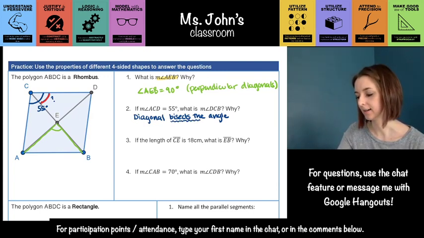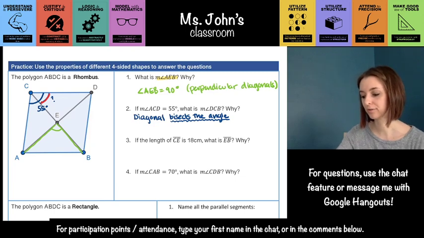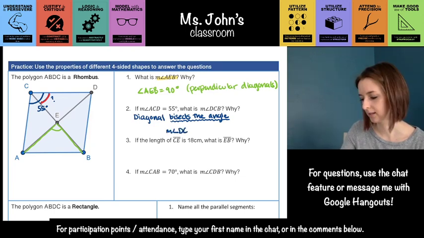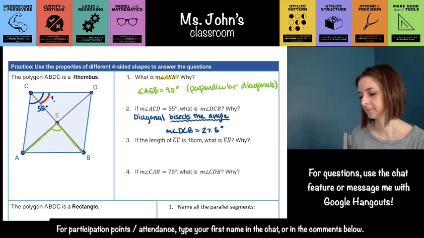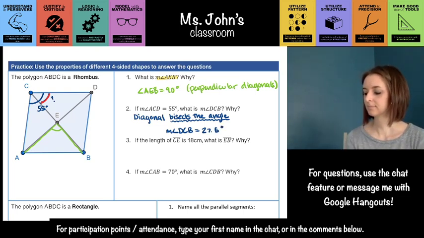That might be good to write down in case you forget. The diagonal bisects the angle at the corner, therefore it is 27.5 degrees.